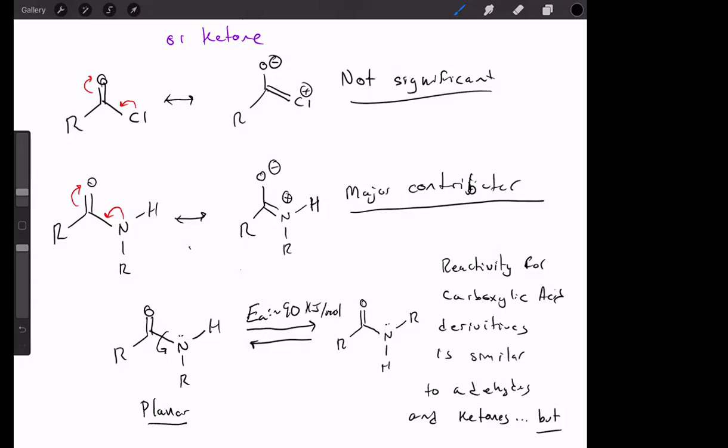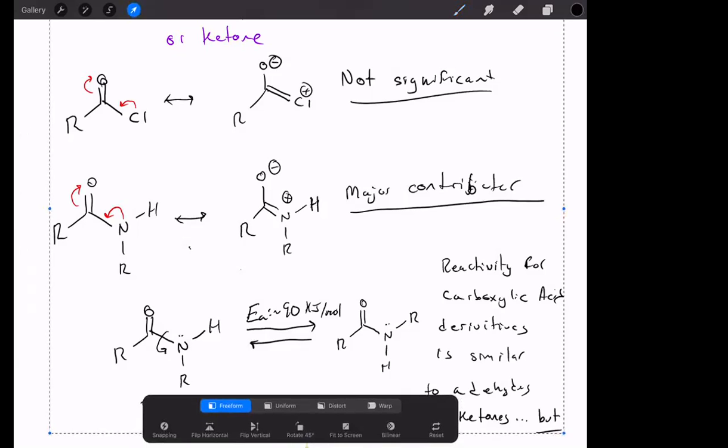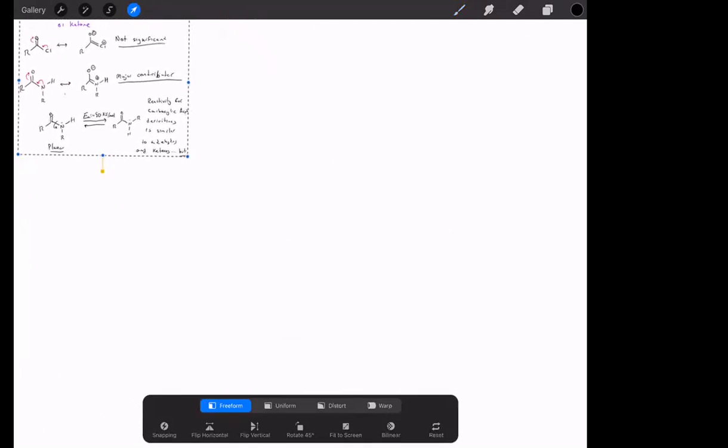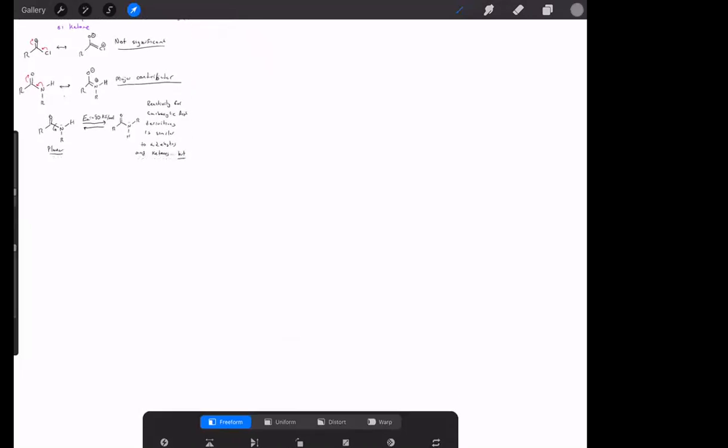We talked about all of the different chemistry that happens with aldehydes and ketones, so all of that applies to carboxylic acid derivatives as well.